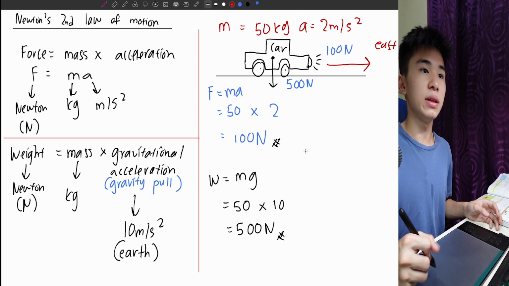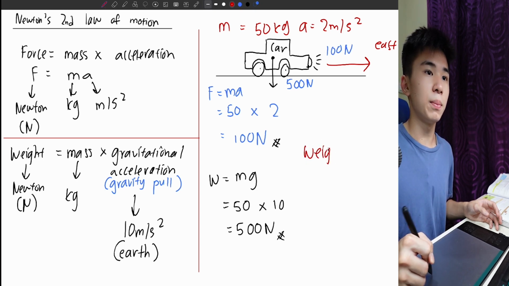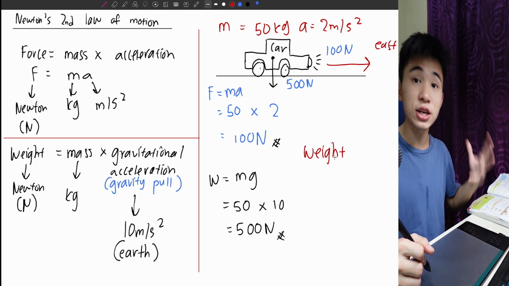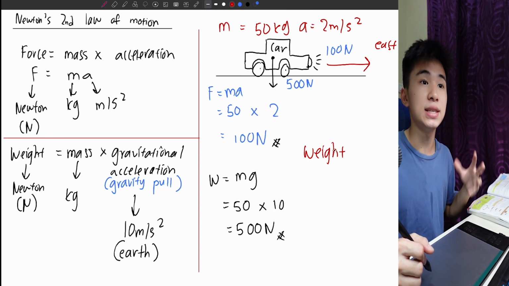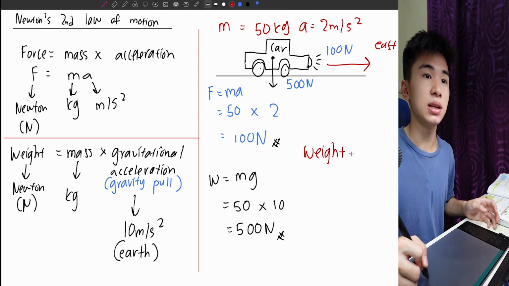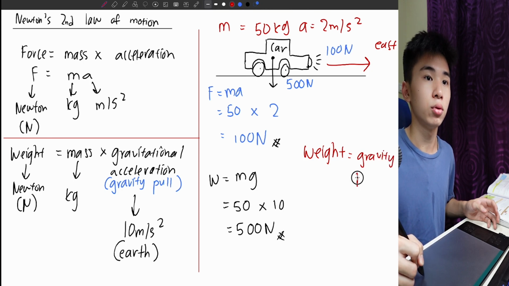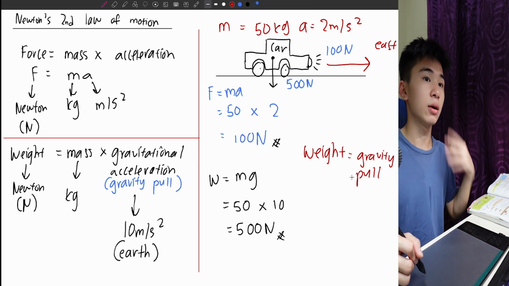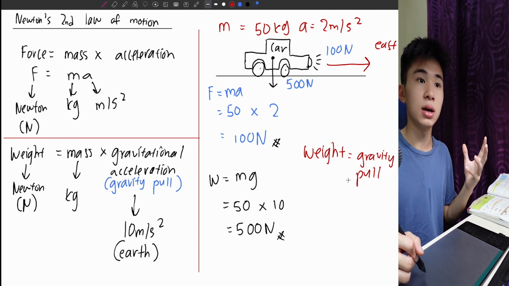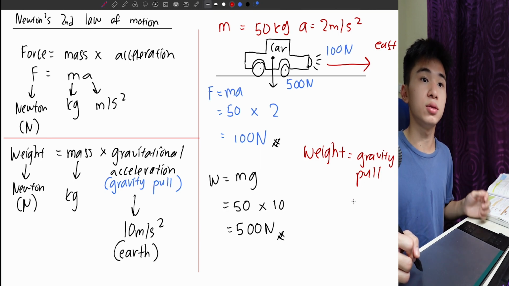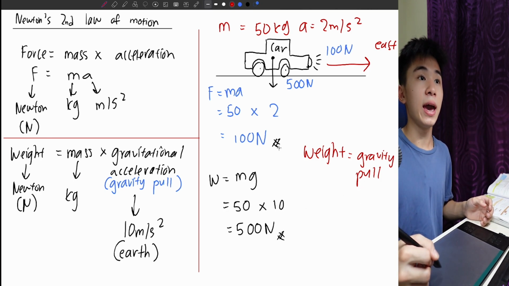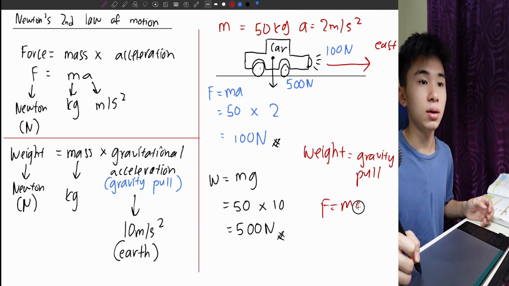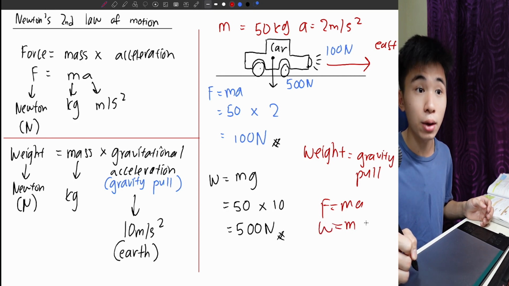Just remember, in physics, if the question is asking what the weight of an object is, weight is basically the same as gravity pull, which is our gravitational acceleration. If the question is asking you the weight of an object on our Earth, you just have to change the a, because F equals ma, or W equals ma or mg.